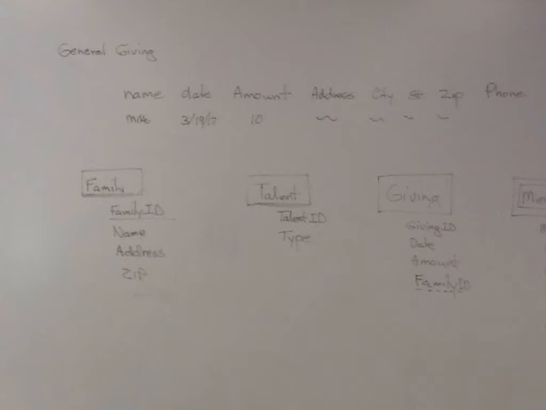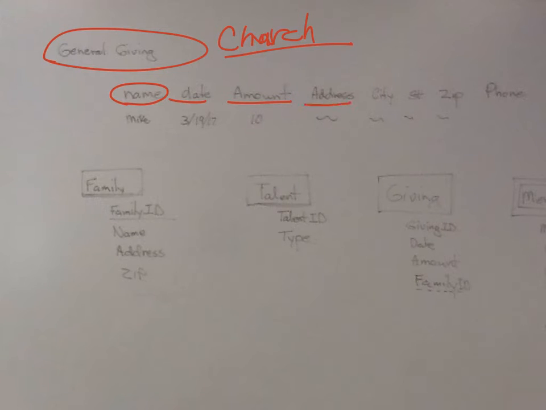So we were trying to look at normalization. We already finished entity relationship diagrams. So we talked about general giving at maybe a church. Or some other nonprofit organization. So we said, you know, what things do they keep track of? Name, date, the amount, address, city, state, zip, phone.